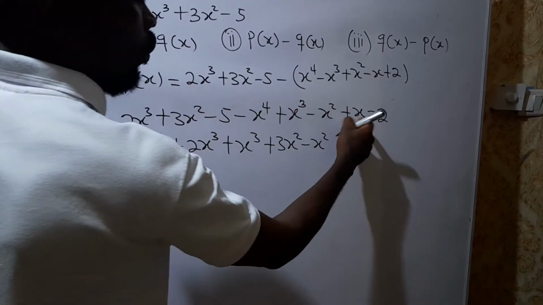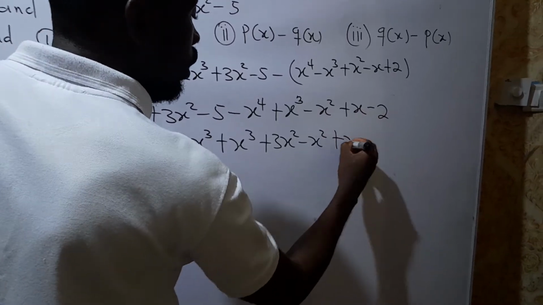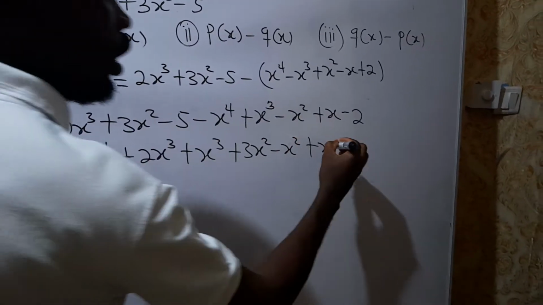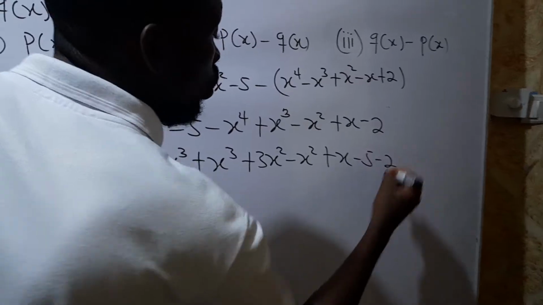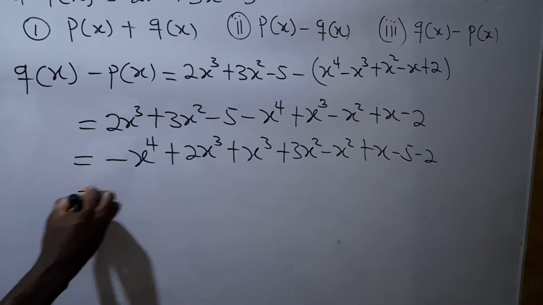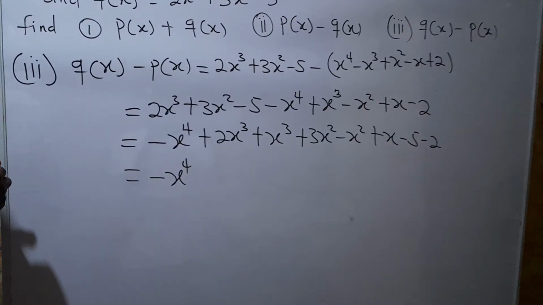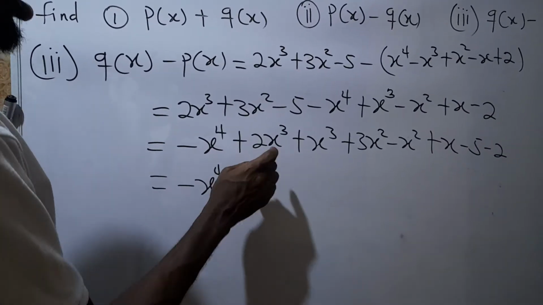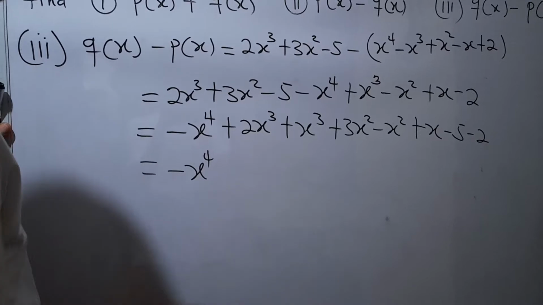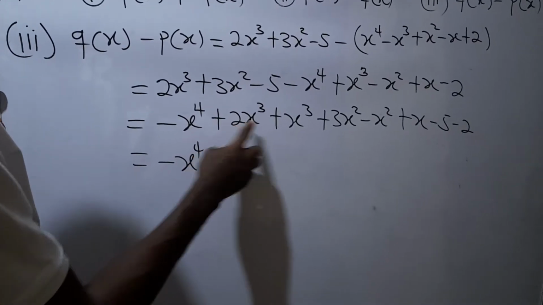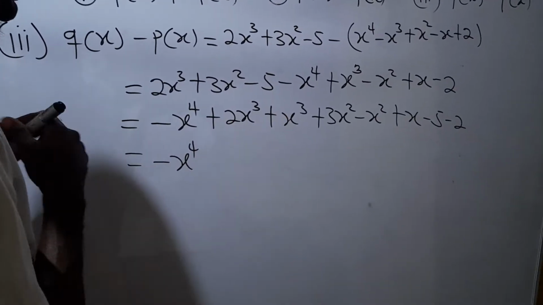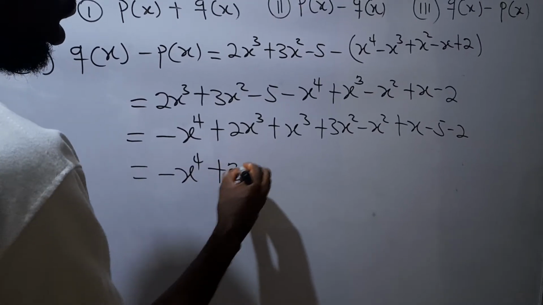Then we have a linear term x, a constant negative 5, then minus 2. So what are we having? Minus x exponent 4. When we are adding or subtracting, we perform the operation on the coefficients. So 2, the coefficient here is 1, so 1 plus 2 will give me 3. So 3x cubed.